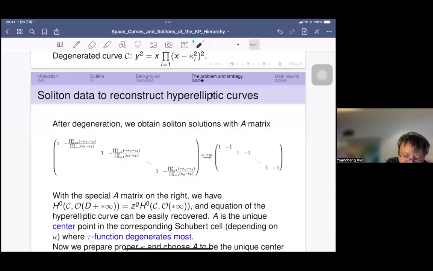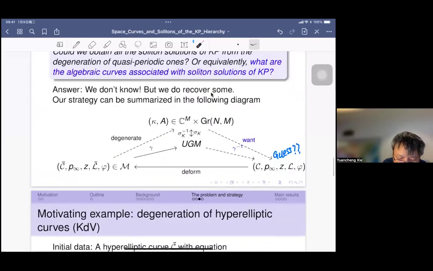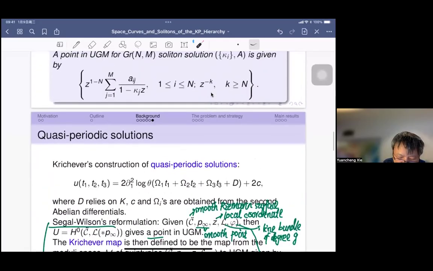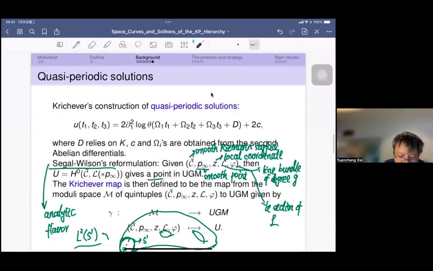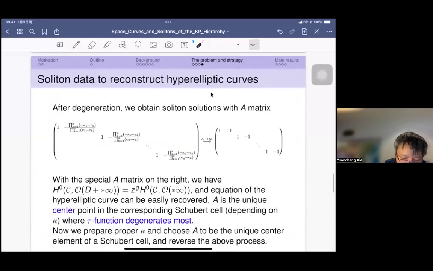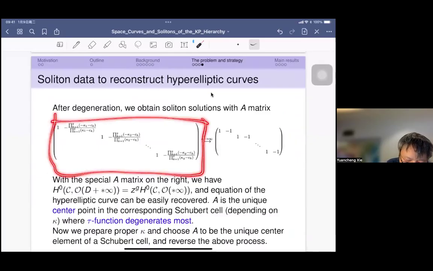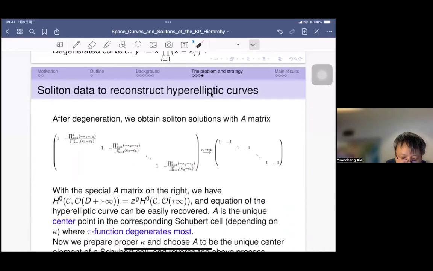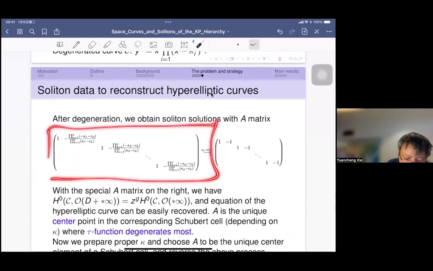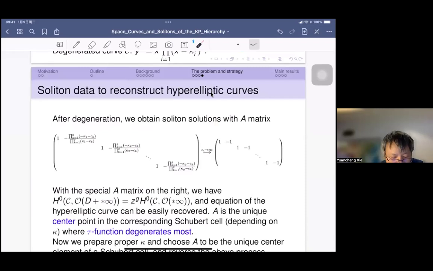Recall that the soliton solutions that we constructed before have 2 parts of data. We just need some spectral parameters, kappa_j, and the other data is finite dimensional matrices. So here these are the finite dimensional matrices, and kappa_j is nothing but these kappa_i's. So we have g of these kappa_i's, and we have a matrix like this.